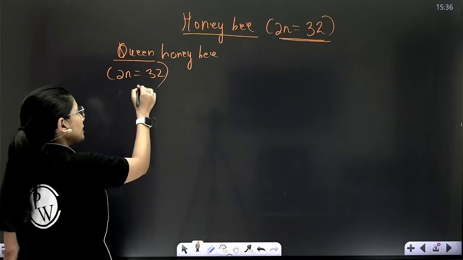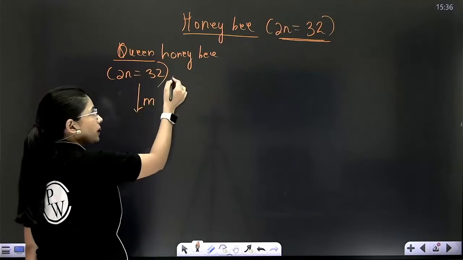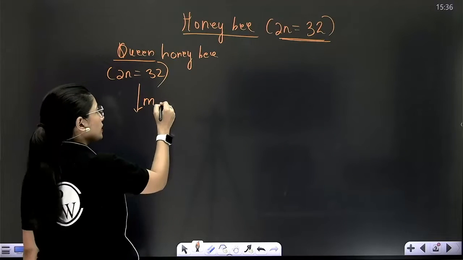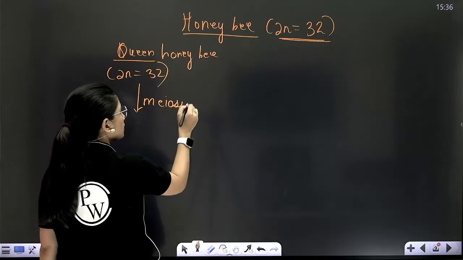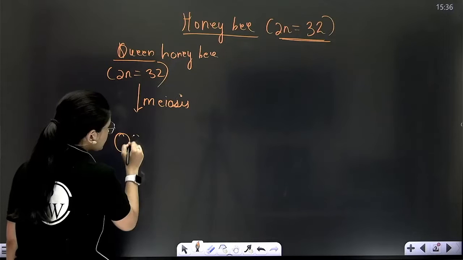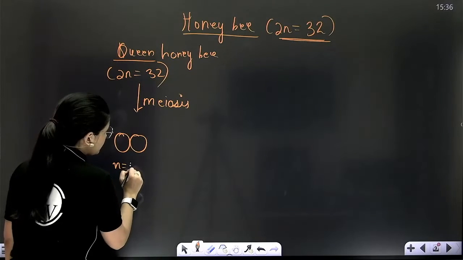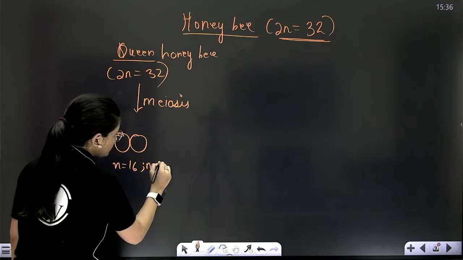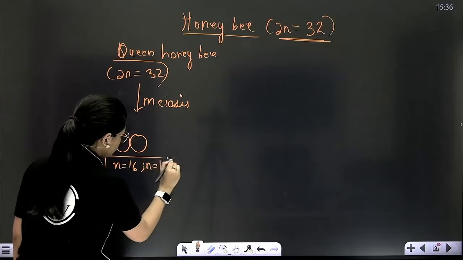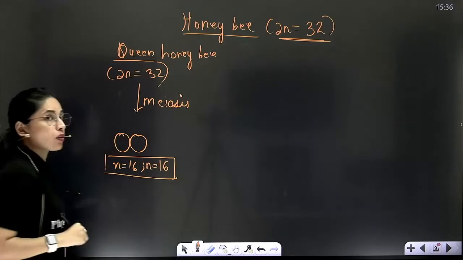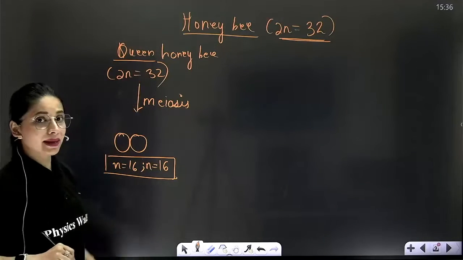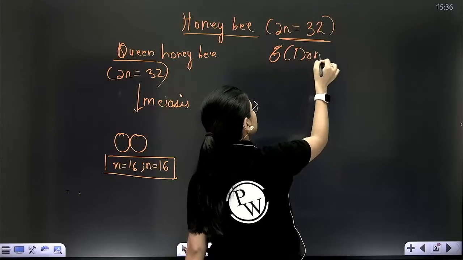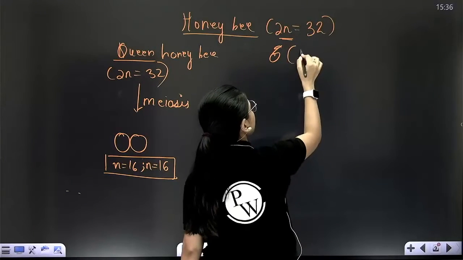Now, this female diploid cell, which is a gonad cell, will undergo reduction division and produce gametes having 16 chromosomes. This is about the female. Now, this is the male drone which is going to fertilize the female honeybee.